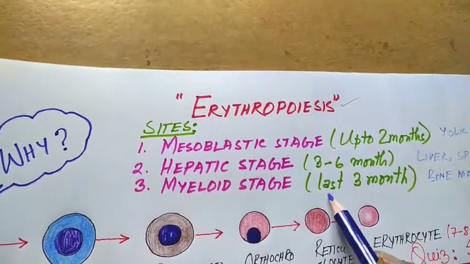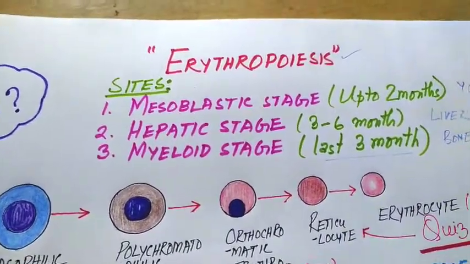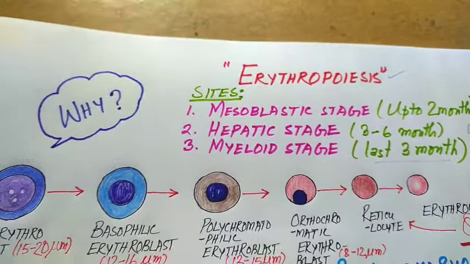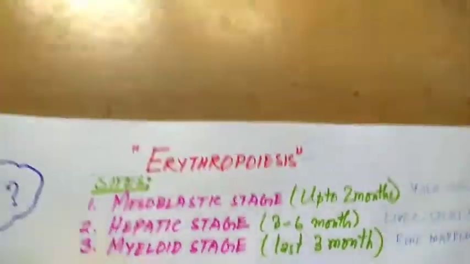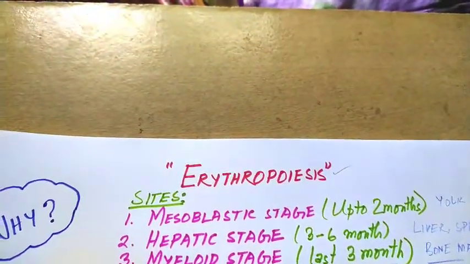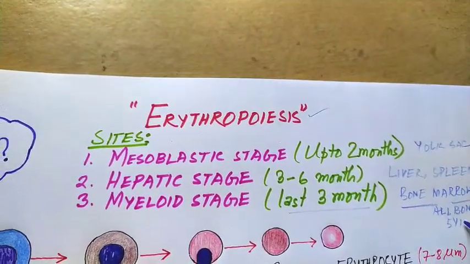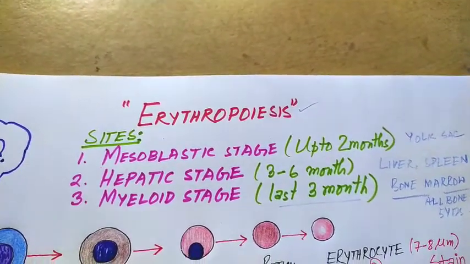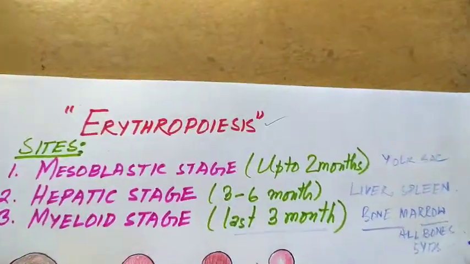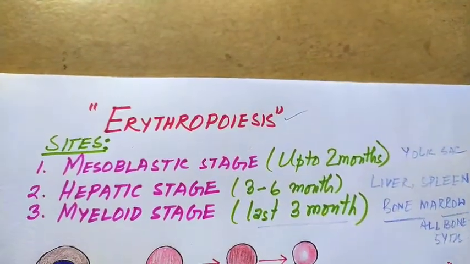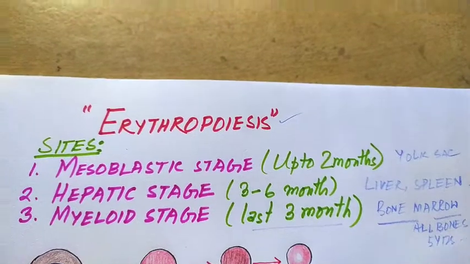During the last 3 months of pregnancy to adulthood, all the RBCs are produced from the bone marrow. And after 5 years of age, gradually the process of RBC production is shifted towards the long bones.